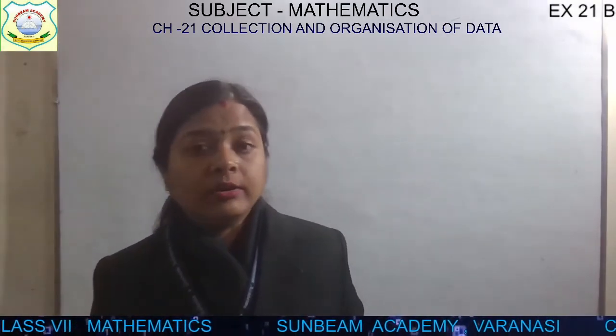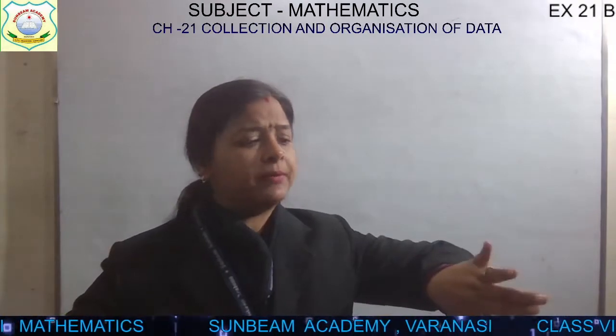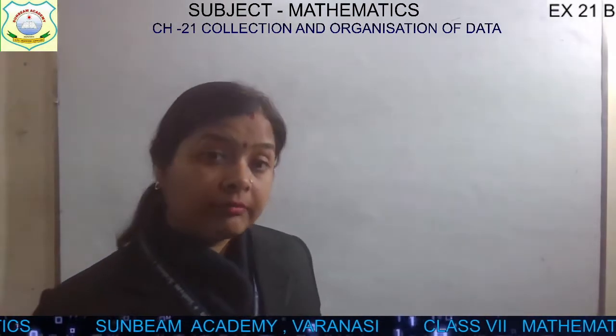Children, in mean we will not focus on whether the observations are even or odd, but for finding the median, if it is odd, then easily we can find. We will separate the half one and the middlemost one, the n plus 1 by 2th observation. But what if the data is given to us in the form of even numbers?